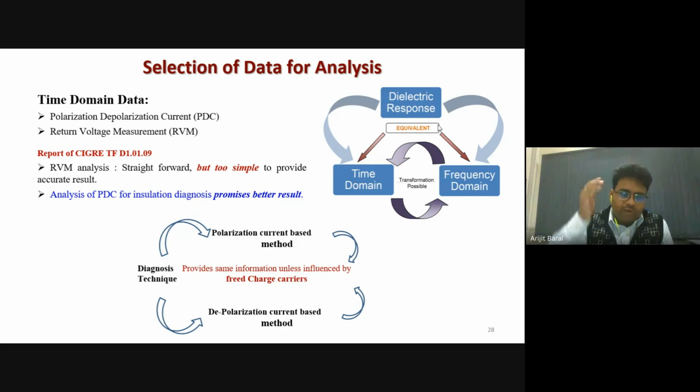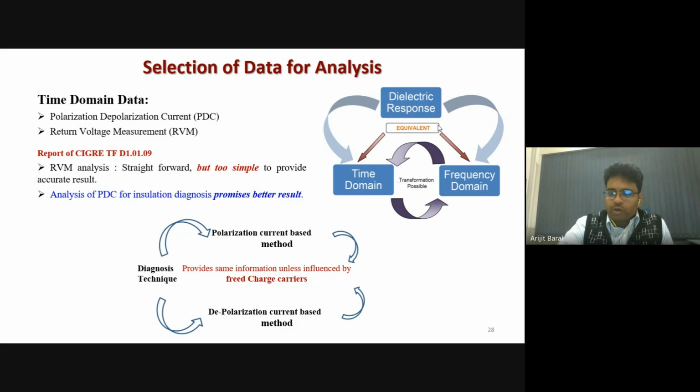Now, depending on whether you apply a DC voltage or an AC voltage with variable amplitude and variable frequency, the response will be termed either time domain response or frequency domain response.